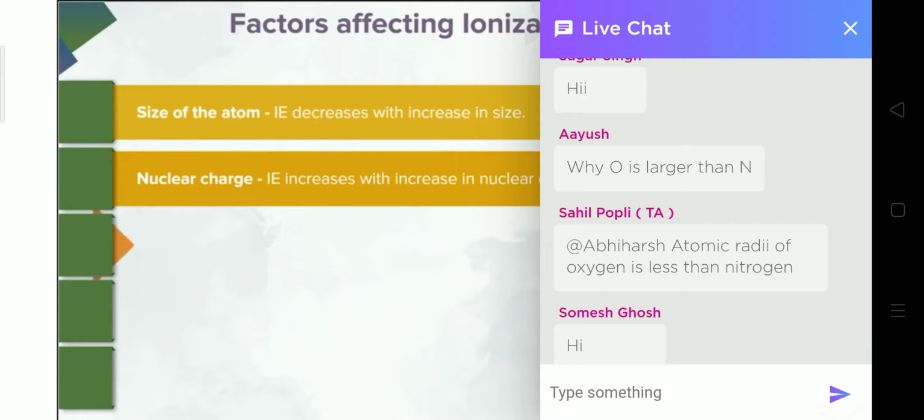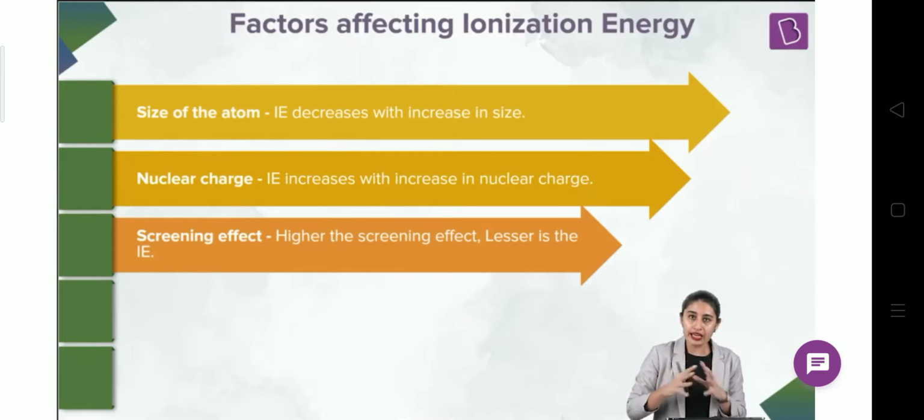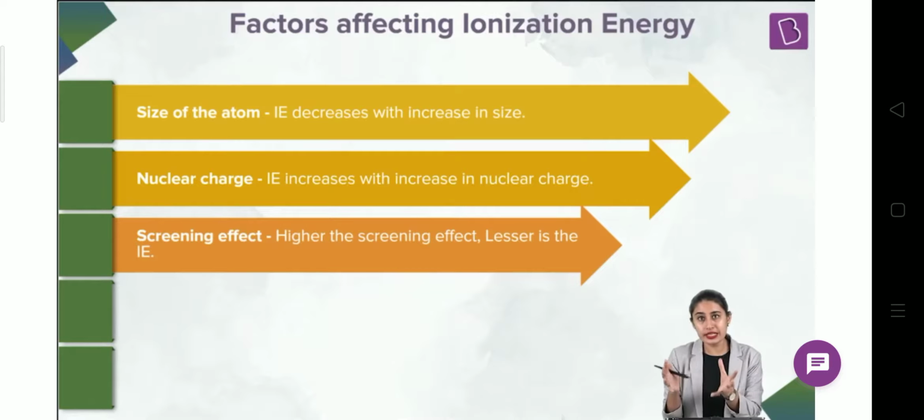Next, you already know is screening effect. Higher the screening effect, lesser is the ionization energy. Screening effect is shown by the core electrons, the inner electrons, right? And higher is the screening effect, okay?